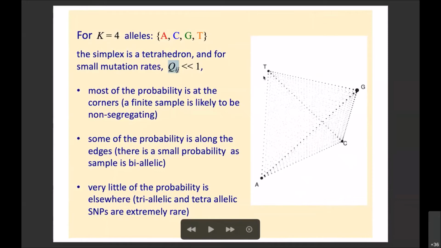So you've effectively turned the thing into a set of two-allele problems. Let's say we want to solve it along the edge from T to G here. Well, it's been known since the 1930s how to solve it if you only have two alleles, and we want to solve the equation running along here. So that gave me the heuristic idea of how to solve this.